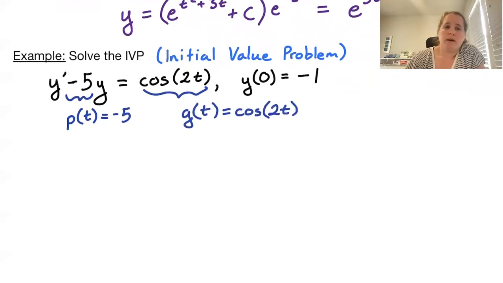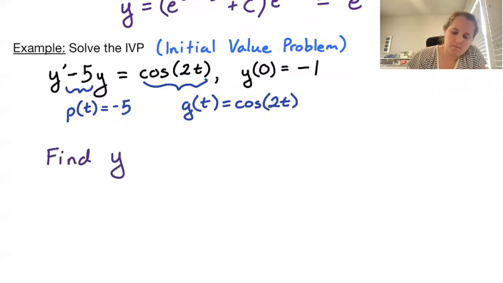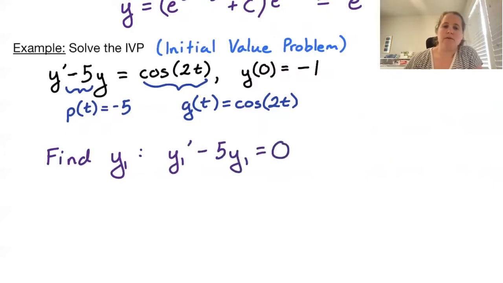So we are going to go ahead and start by finding the general solution to this equation, and then find the initial condition. So the first thing we need to do is find y1 such that y1 prime minus 5y1 is equal to 0. This was one of our more straightforward solutions.